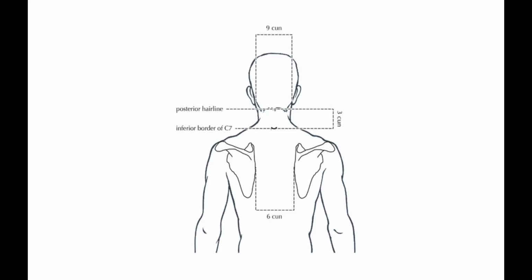Where is Du 14? Okay, below the spinous process of the 7th cervical. So that's the importance. So para ma-locate mo yung Du 14 accurately, you need to locate the posterior hairline and the inferior border of C7.